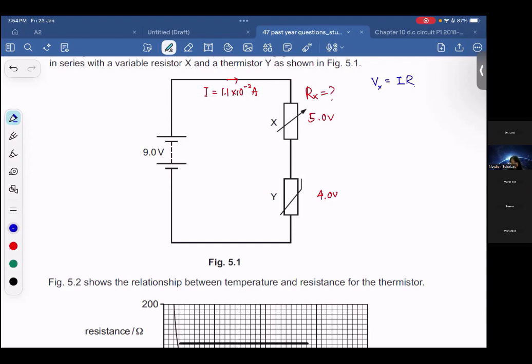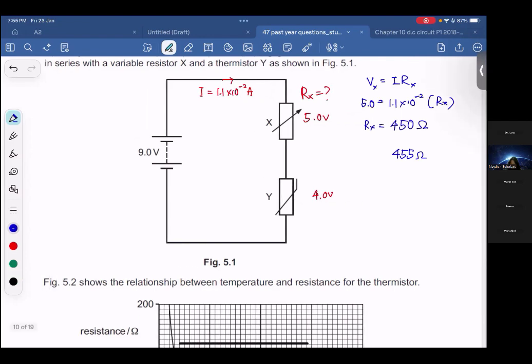This one is V for X, R for X. This is a series circuit, so the current is the same, 1.1 times 10 power of negative 2. So for Rx, your V is 5.0 volt. If two significant figures, Rx is 540 ohm. If three significant figures, as your friends gave me just now, it should be 455 ohm. So this one is easy.